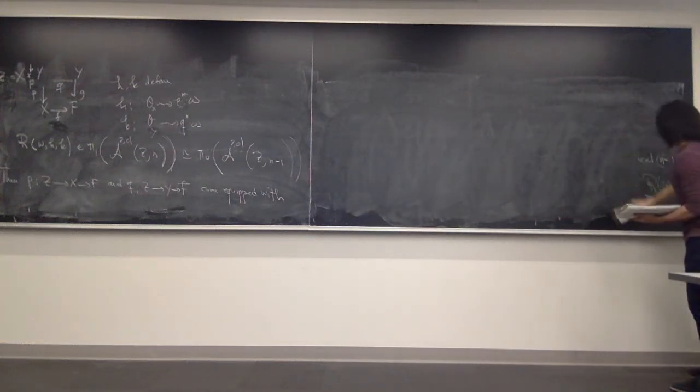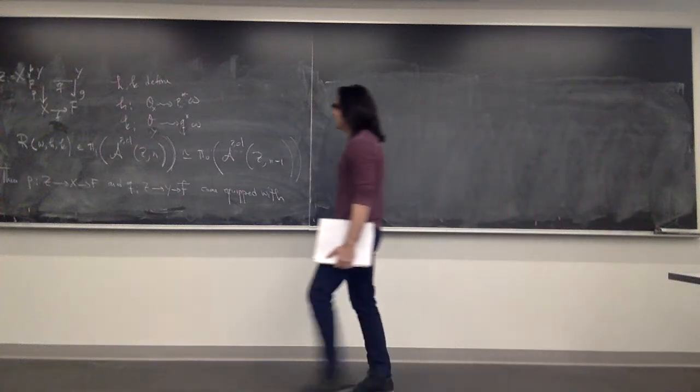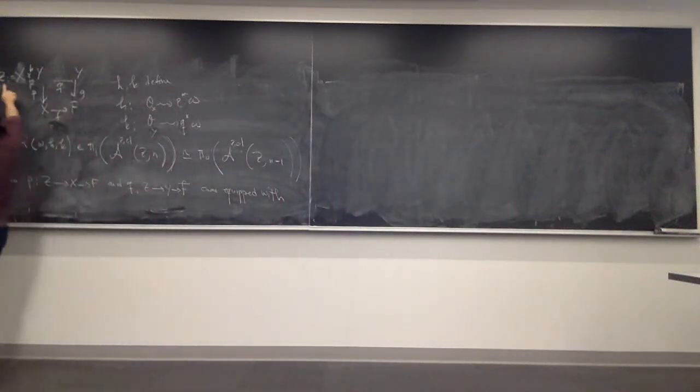So you see, now I have a situation where after pulling back to here, I have two paths between the pullback of the symplectic form and O, and the paths need to be homotopical to each other.